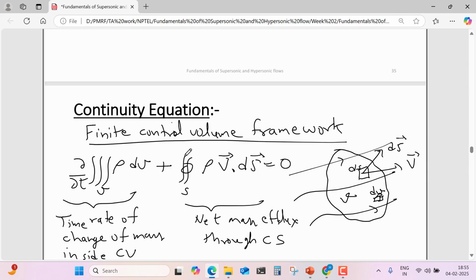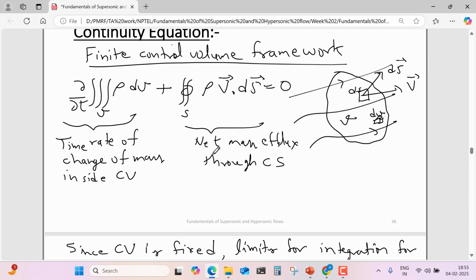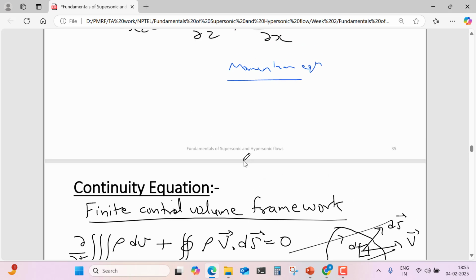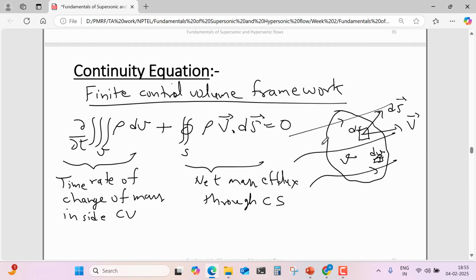One is the control volume, the finite control volume framework, and one is the infinitely small fluid element. One is the control volume. This control volume is like this.